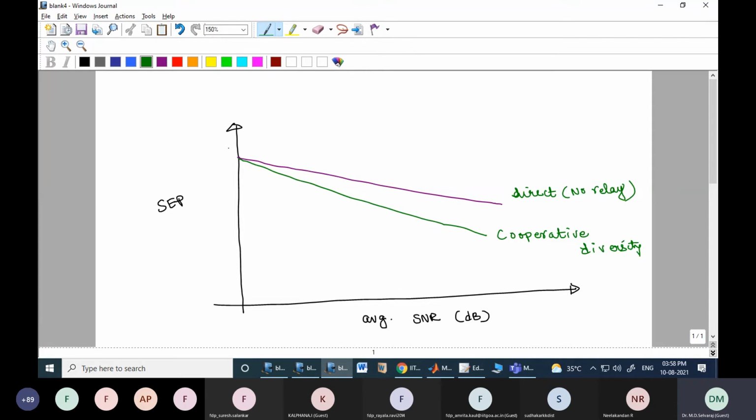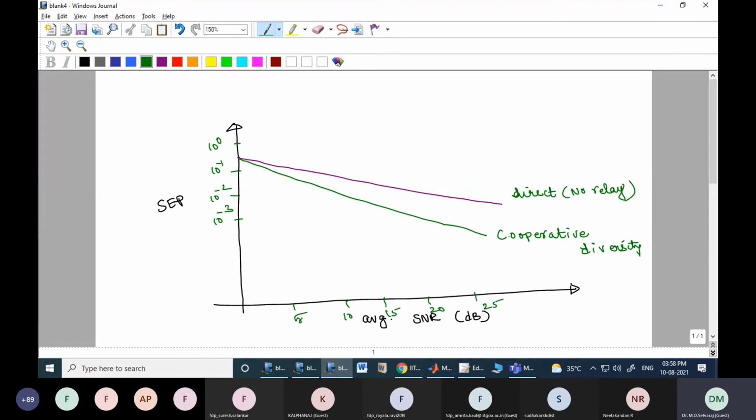So here we'll start from, say, 10 to the power of 0, maybe 10 to the power of minus 1, 10 to the power of minus 2, 10 to the power of minus 3, and so on. And here it can be from 5 dB, 10 dB, 15, 20, 25, like this.